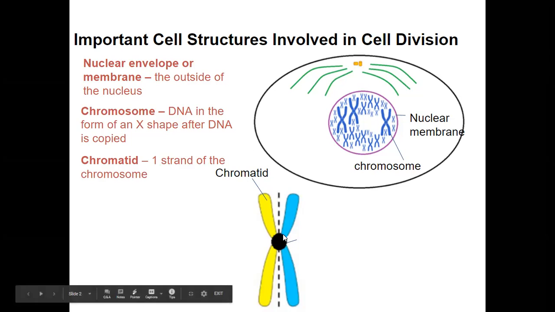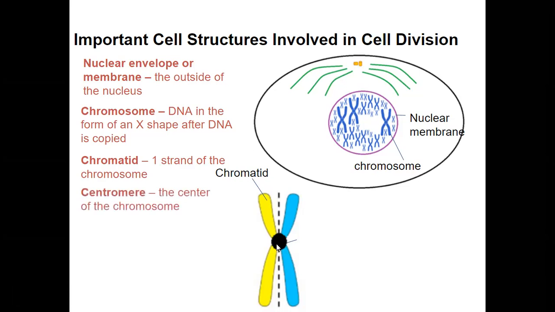Now, the two chromatids, the one in yellow and the blue, are held together in the center with a structure called a centromere. I know there's a lot of vocabulary here, but you can think centromere, it's at the center of the chromosome. It holds those two chromatids together.